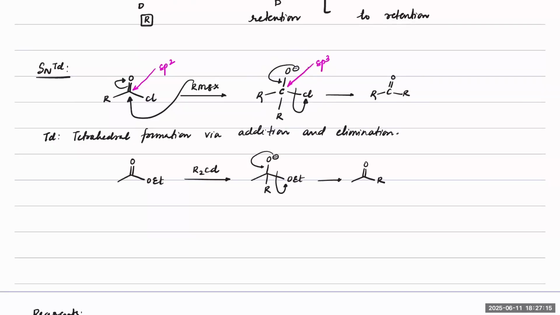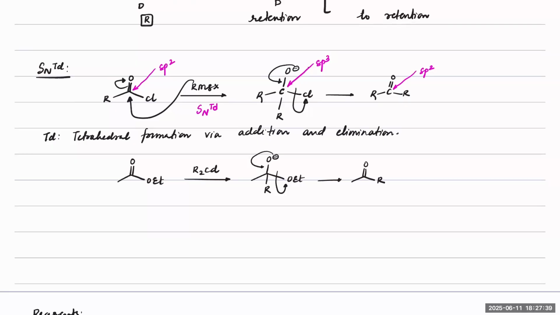And again, the oxygen has pushed here. So eventually, the chlorine was removed, getting back to sp2 hybridization again. So it went through a nucleophilic substitution, forming a tetrahedral molecule. That's why it is called SN-TD. TD means tetrahedral intermediate. Got it?